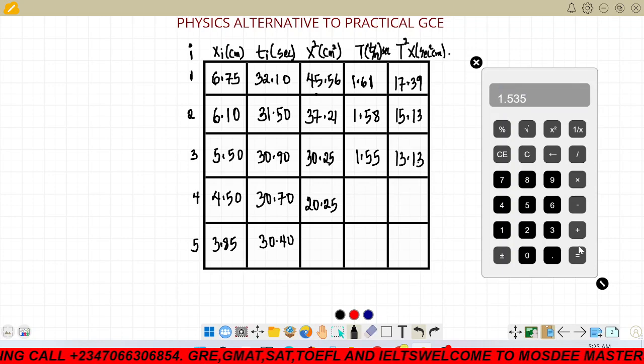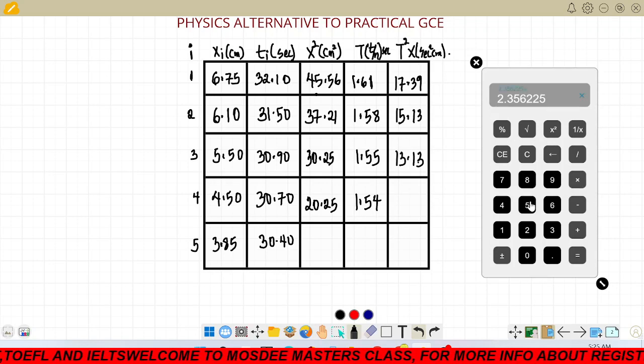I'm having 1.54. Why is that? It's just because I am using two decimal places. So it says I'm going to square this answer and multiply by the value of x. The x I'm having here is 4.50. So that is 10.60.